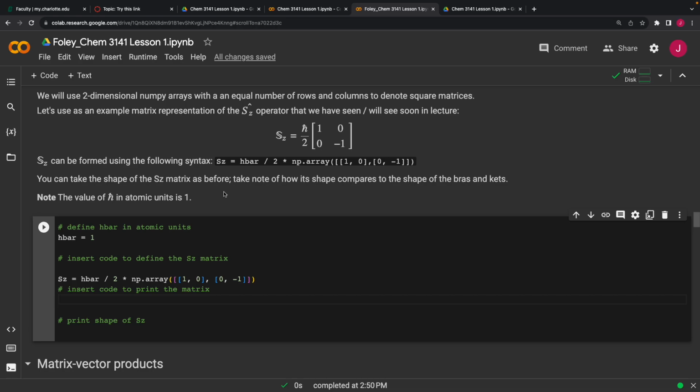And below that, write the code to print the shape of S sub z. I keep saying S sub z, but the variable name I'm using here is SZ. So you should define SZ, then print SZ, and then print the shape of SZ.